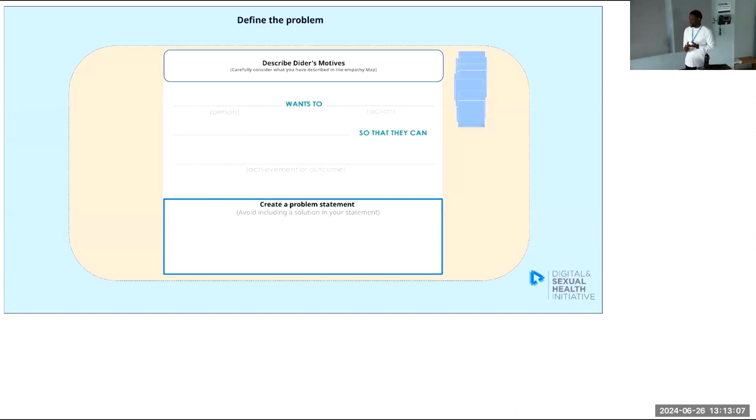It should be clear, not vague, very clear based on the experiences that you have heard. But it should also not involve a solution. So you should not be talking about the solution here. You should just be clearly describing a problem that Didier is experiencing across his journey that he's just described to you. So what did you think were the problems that Didier faced? If you can just frame it as a problem statement, that would be great.